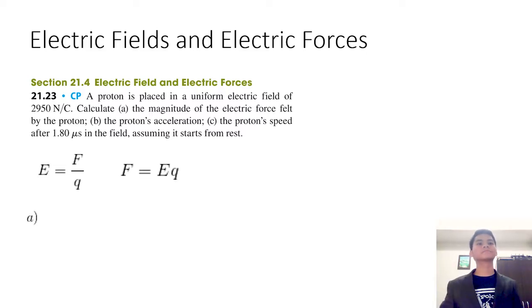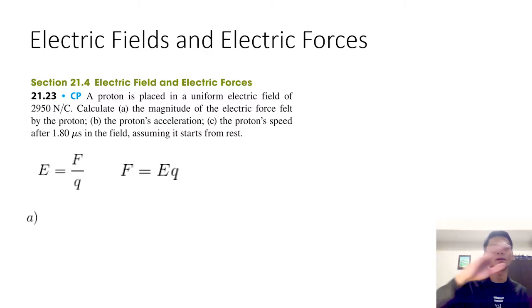So, one of the equations for the electric field is E equals F over Q. That's why we have the unit newtons per coulomb. If you manipulate the equation algebraically, we get F equals EQ.